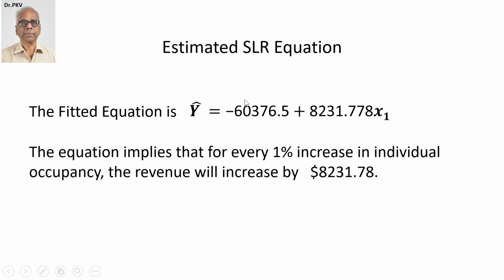What about this intercept part? Interpreting the intercept is a bit tricky. The intercept part says, even if x1 is equal to 0, you will still have this intercept minus 60376.5. We can interpret this economically as what's called the sunk cost or fixed expenses that will have to be incurred by the hotel regardless of the room occupancy.